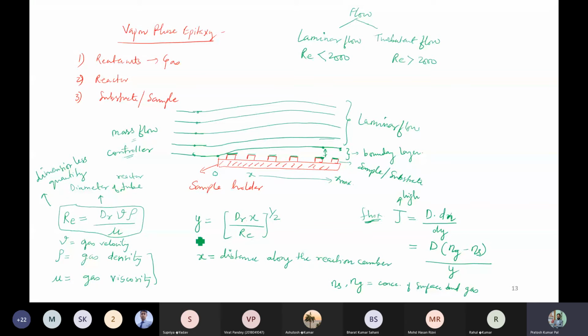Now to see the relation, this boundary layer is dependent on the x value. If we increase x, the boundary layer becomes larger. Near x equals 0, the boundary layer is close to the substrate, but as we move towards higher x values, the boundary layer has increased.